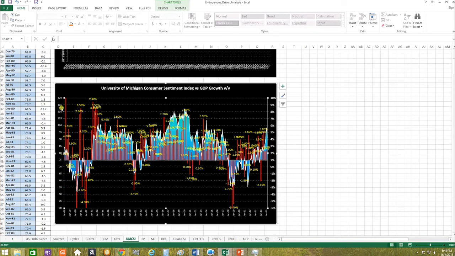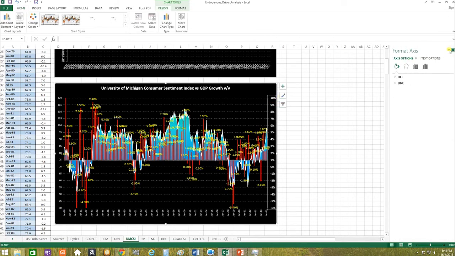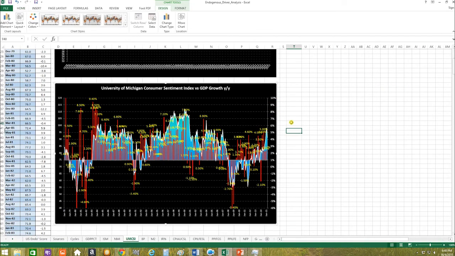What are we looking at? Well, we've got the absolute level of the UMCSI here, and we've got the level of real GDP growth on the right-hand side. What we're looking for is consistency in our data, in that we're looking for levels of the UMCSI that are consistent with levels of real GDP growth.